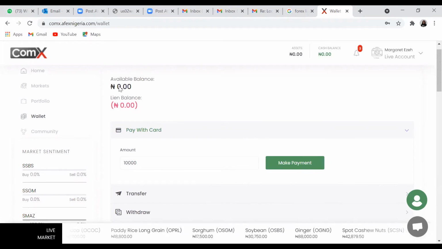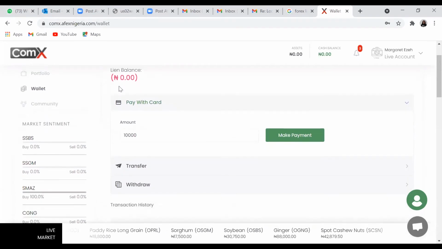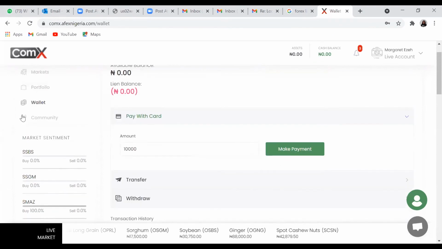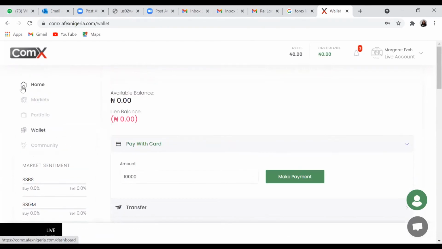But if you pay with your card, it will reflect almost instantly. And of course, if you're also looking to withdraw, it's the same process. You click on wallet here, scroll down, and just click on withdraw. That's basically how to use this aspect of the ComX platform.